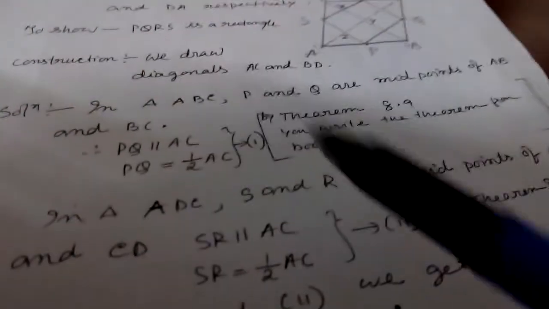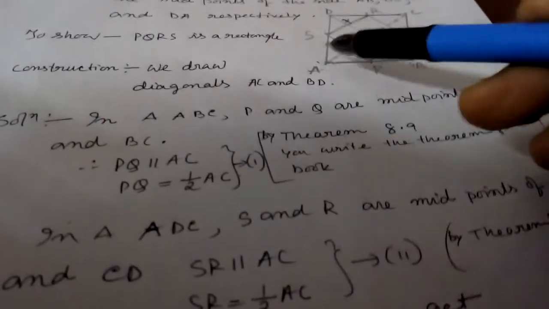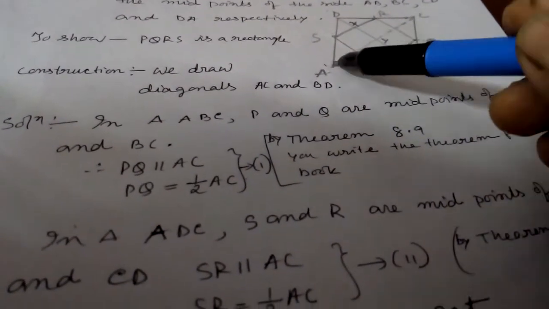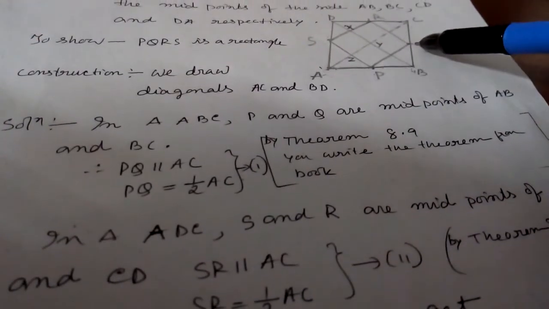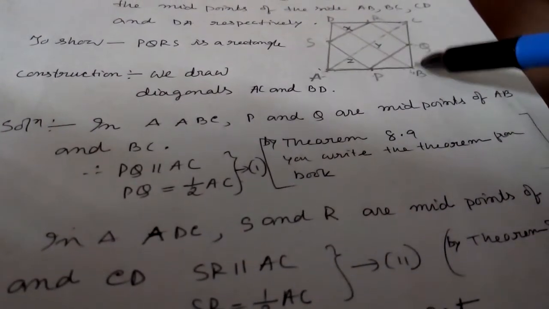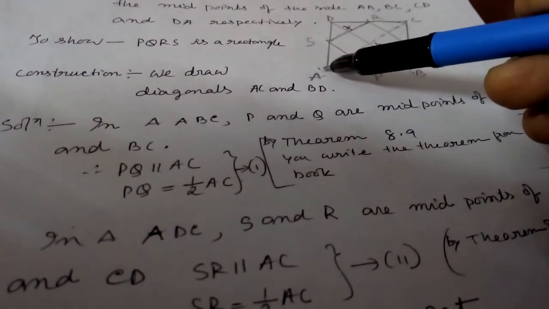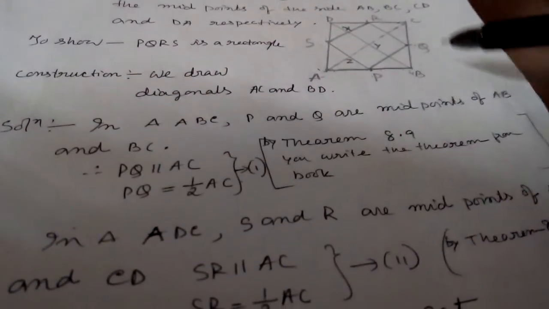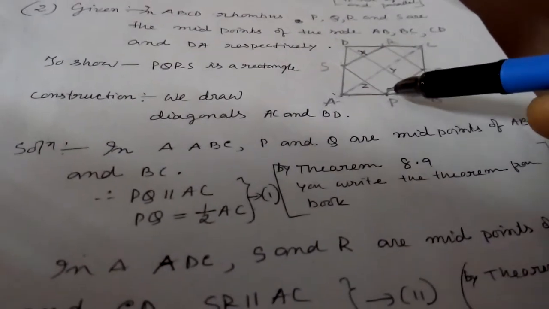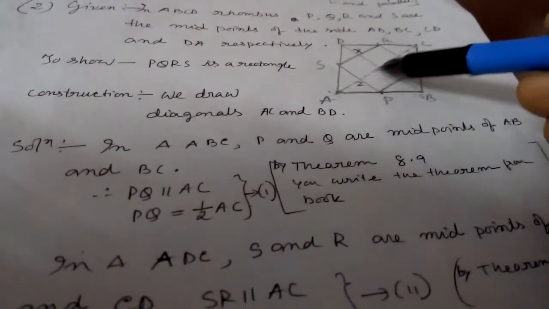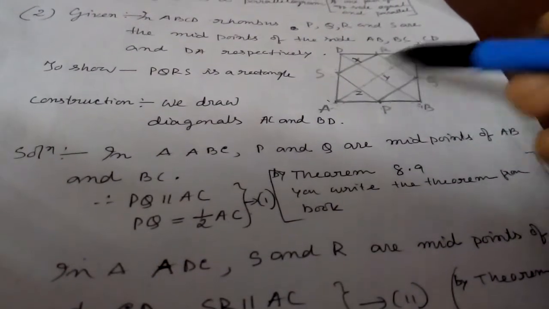Now solution. At first we take triangle ABC. In triangle ABC, P and Q are midpoints of AB and BC. So PQ is parallel to AC. Theorem 8.9: the line joining the midpoints of two sides of a triangle is parallel to the third side and half of the third side.